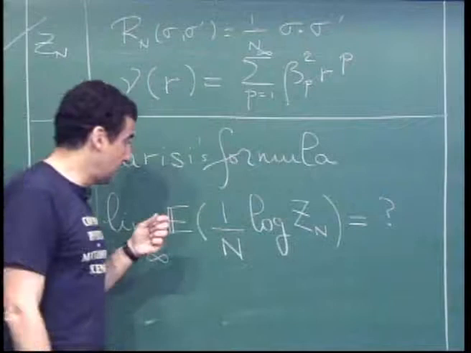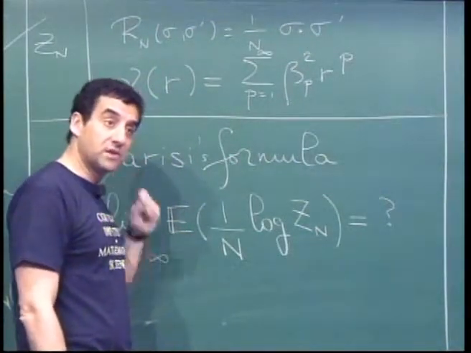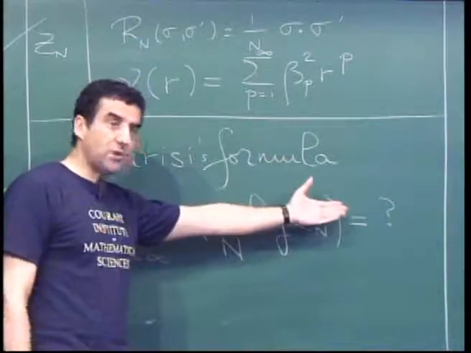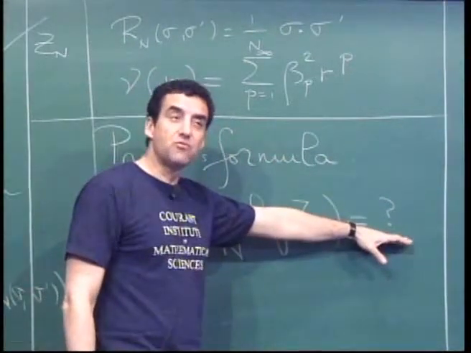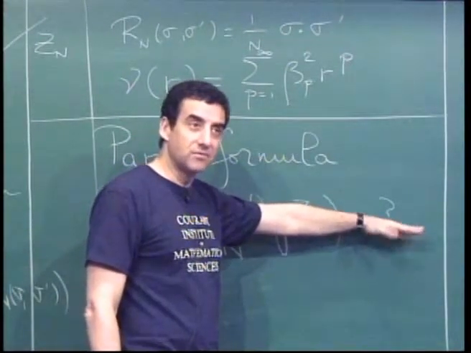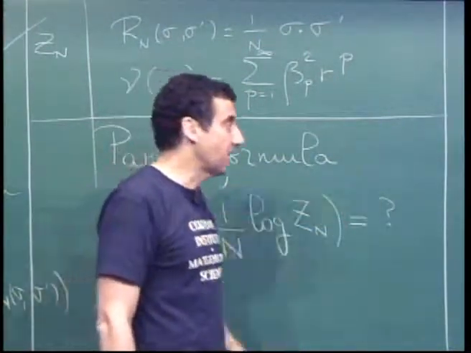And of course, this expectation means expectation in the disorder, expectation in the Gaussian function. All right, so before I describe this, because this right-hand side is really a mysterious object, and it will take time to even master what it says, let me say something else here.